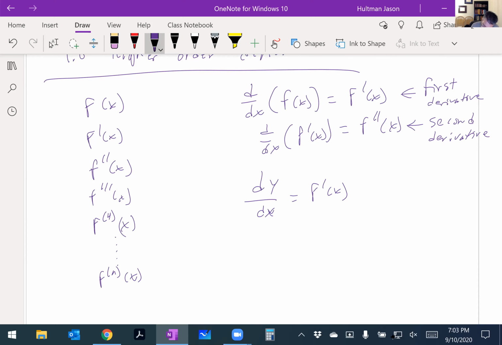It's called Leibniz notation, which you don't really need to know, but it's d squared y over dx squared. That's f double prime of x. This is Leibniz notation.